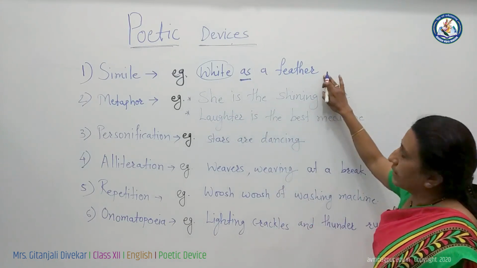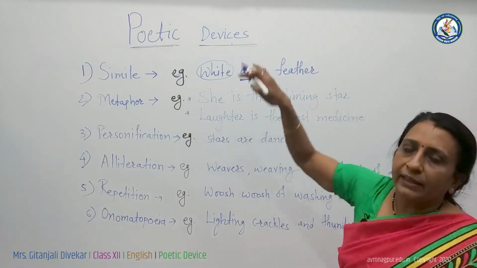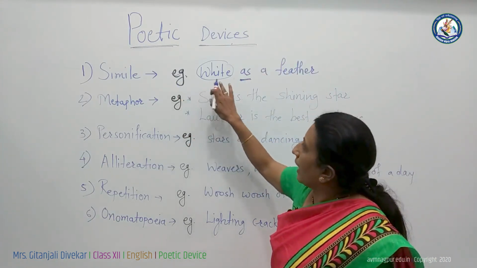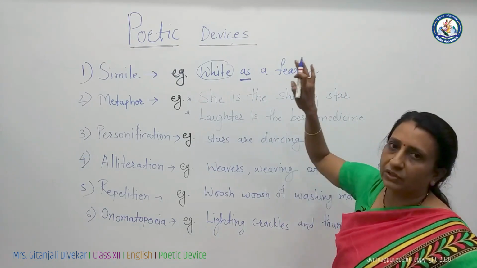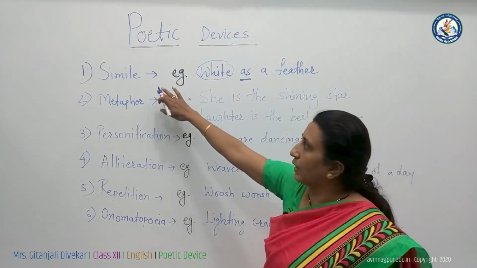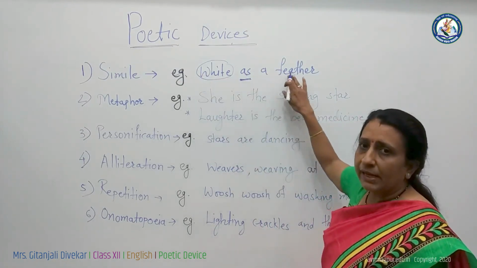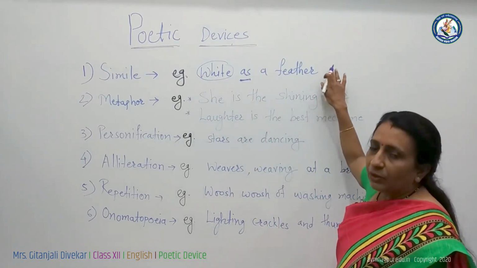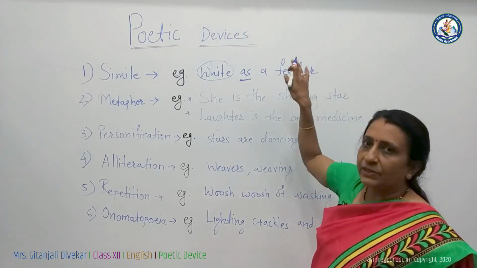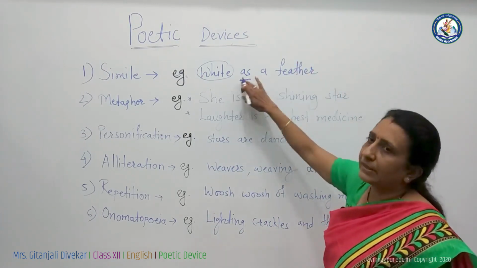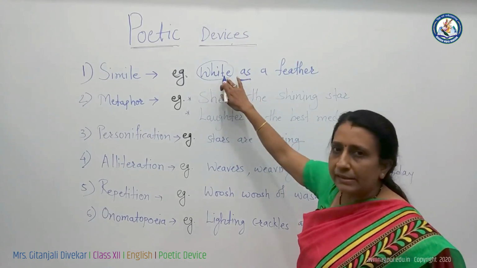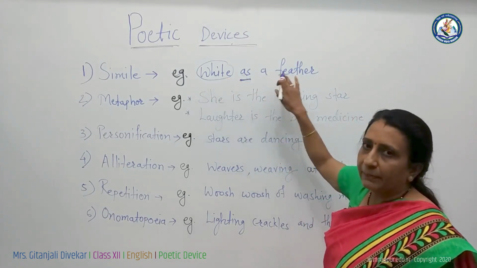This is the example. Students, while writing in the exam or while answering this type of question of figure of speech or poetic device, the question may be given like this activity. Find out or identify the figure of speech in the given line. If this example is given, you can easily find out that this is the example of simile.